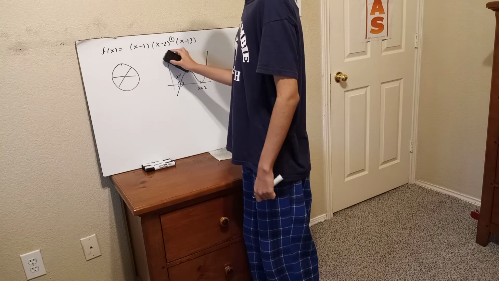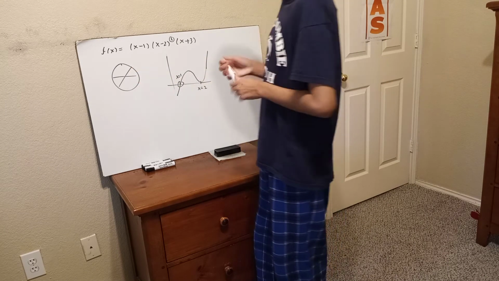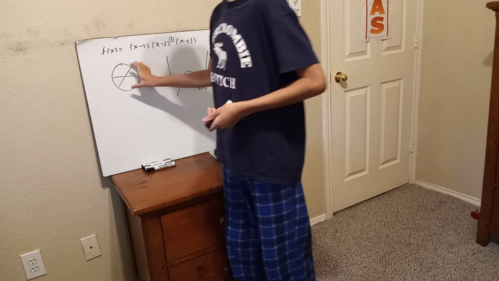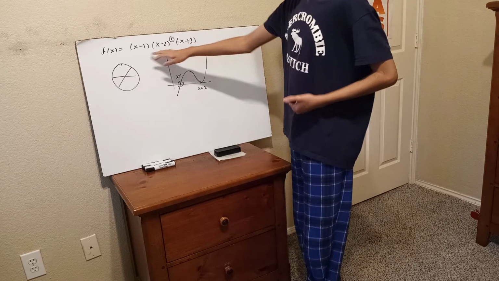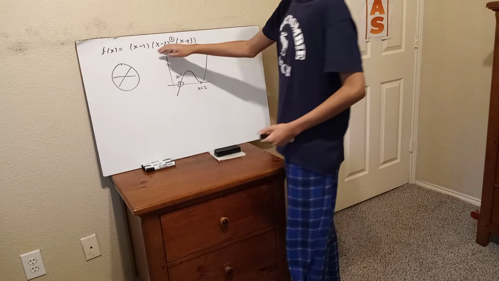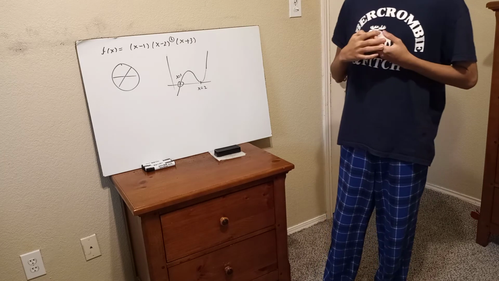Well, if you look at a really zoomed in picture of the graph around x equals 1, that basically means you're only considering really small values of f around there. So out of these factors, these two terms will be relatively large around x equals 1, right?